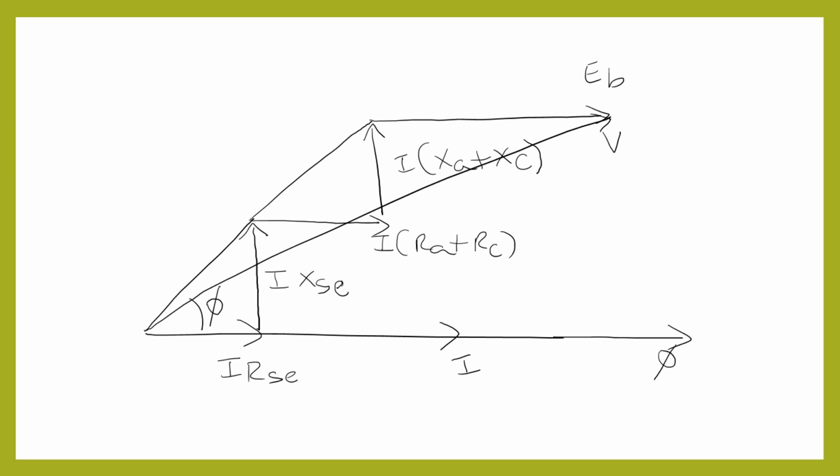So RA plus RC is the resistance of the armature and compensating winding, and XA plus XC is the reactance of the armature and compensating winding.